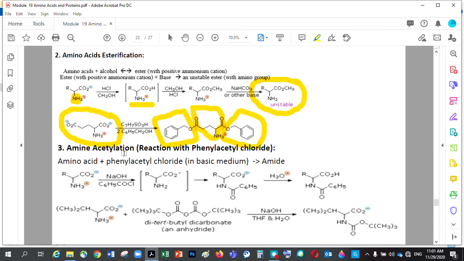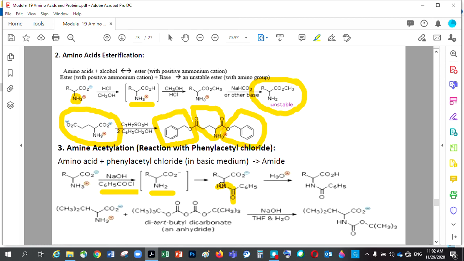Now another reaction is that amino acids can react with acetyl chloride. This is phenyl acetyl chloride here, this compound can interact with the amino acid and produce an imide, correct? So look at this. This is phenyl acetyl chloride reacting with the amino acid. This is an intermediate, and you produce an imide.